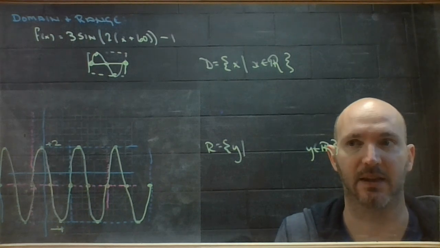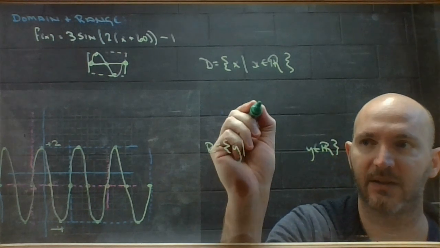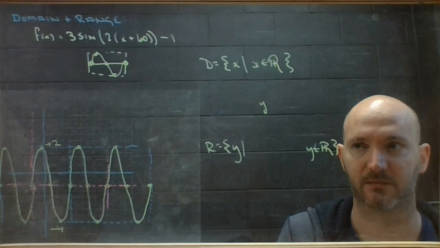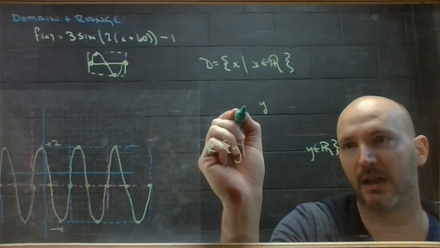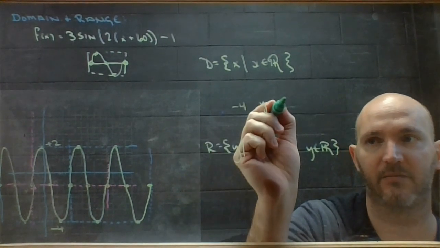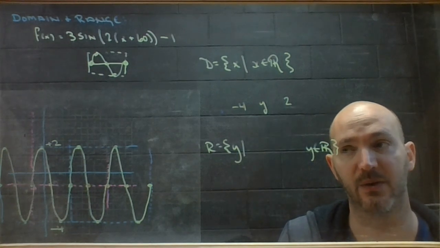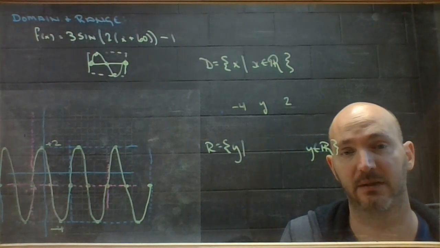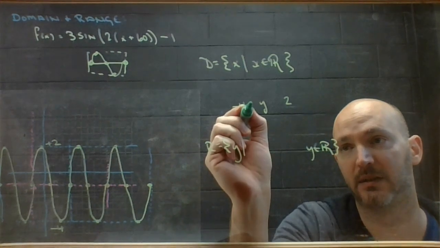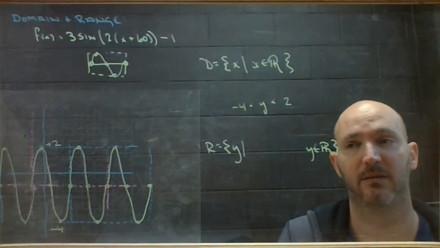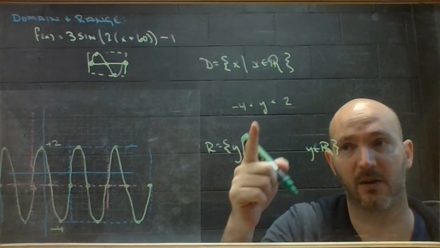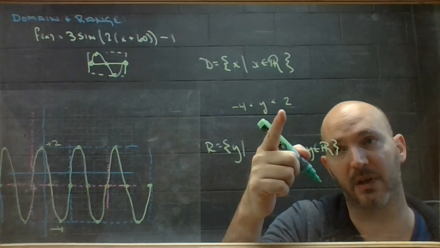So how do you write that? Well, it's the y values I'm talking about. And they are pinned between -4 and 2. So you might as well write them that way. That says that the y's are bigger than the -4, but less than 2.